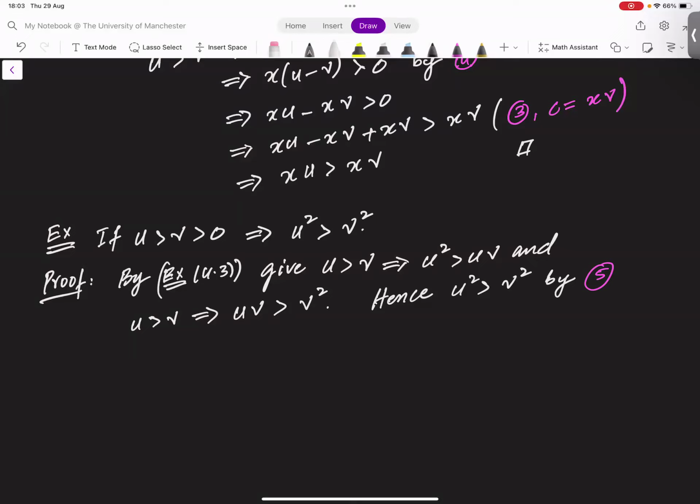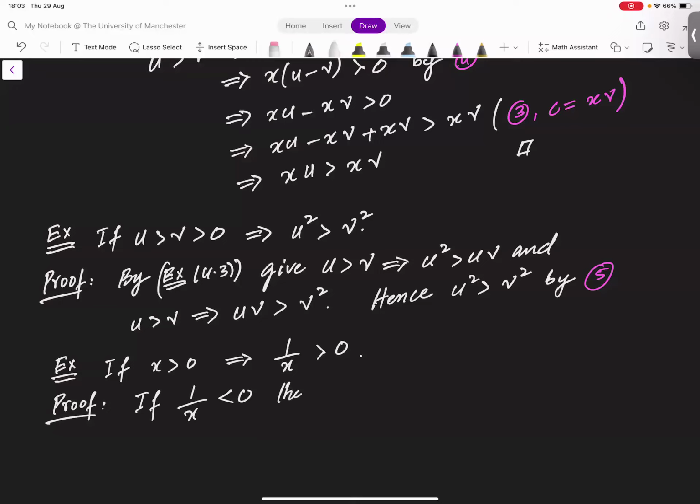Another thing is, let's say if x is greater than 0, then 1 over x is also greater than 0. Let's prove it. Assume 1 over x is less than 0, then minus 1 over x is greater than 0 by example 4.1.